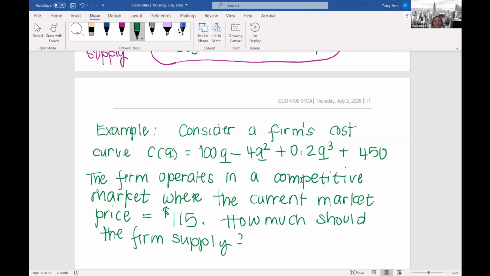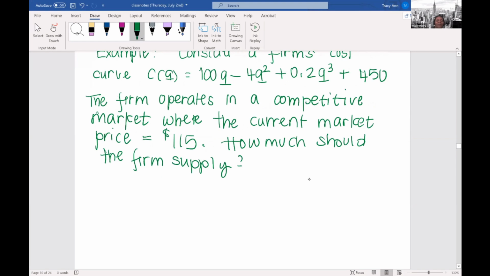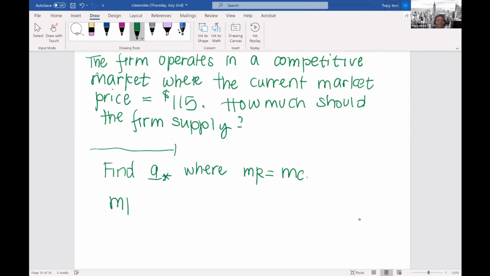And if we want to find how much the firm should supply, then in this case, we're going to find where marginal revenue is equal to marginal cost. So your marginal revenue is equal to the price, which is equal to 115.